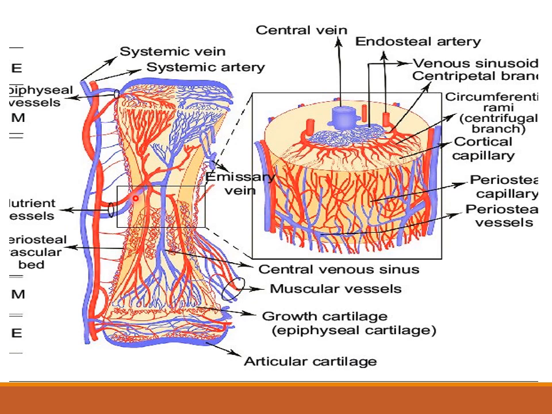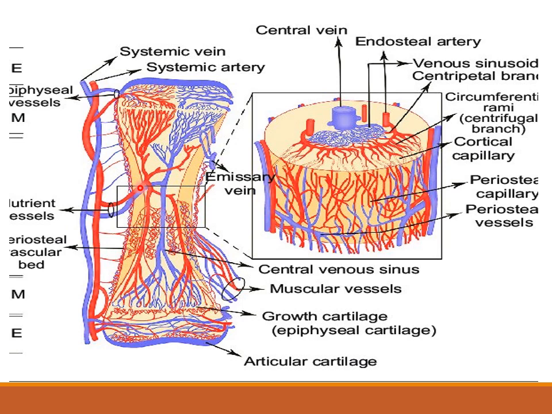You see that the diaphyseal and nutrient artery enters obliquely into the nutrient canal through the bony cortex, and then at the juxta-osteal zone, which is the junction of compact and spongy bone in the long bone, it divides into ascending and descending branches, known as the long medullary arteries.